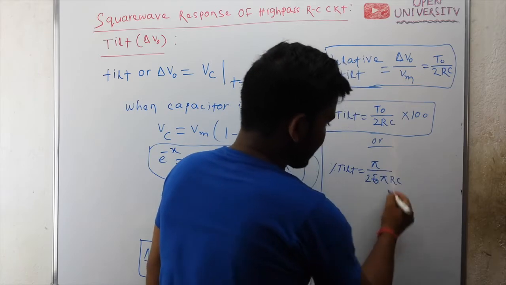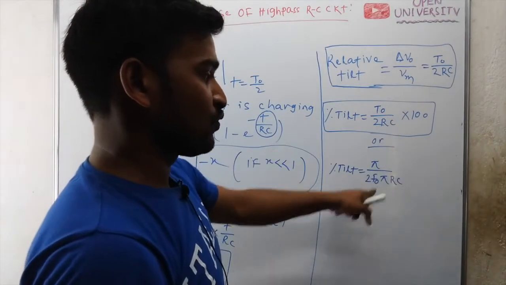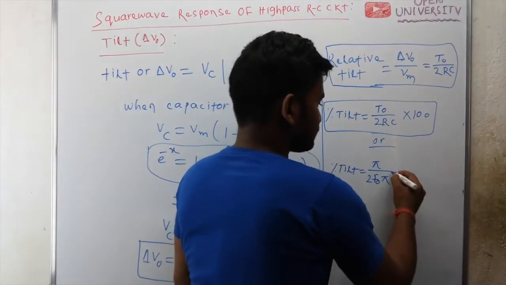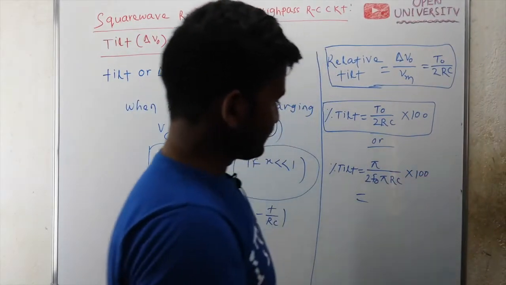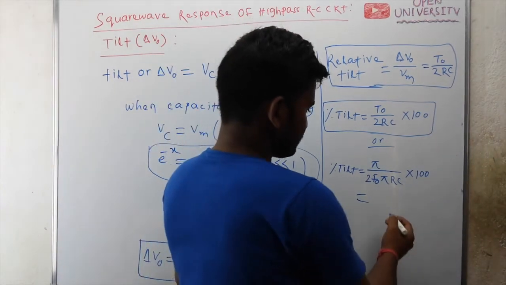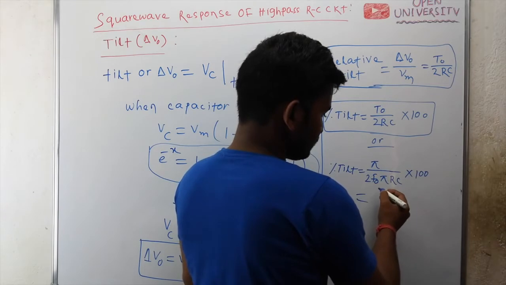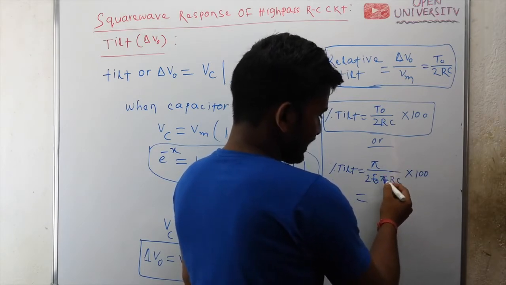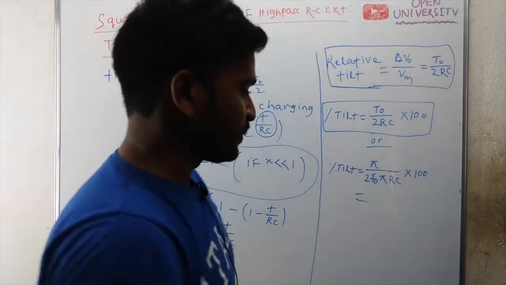I am multiplying pi in the numerator and denominator, and I am replacing t naught with 1 by f naught, into 100. Then 1 by 2 pi RC. 1 by 2 pi RC is what is FL? FL equal to 1 by 2 pi RC.